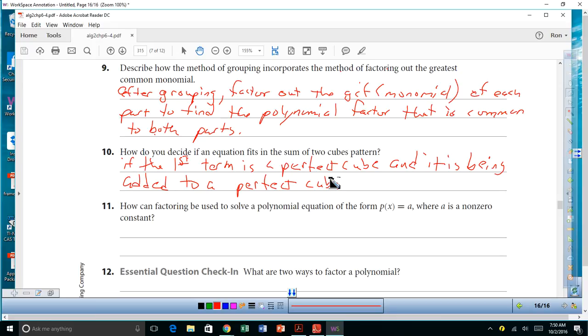How can factoring be used to solve a polynomial equation of the form p of x equals a, where a is a non-zero constant?